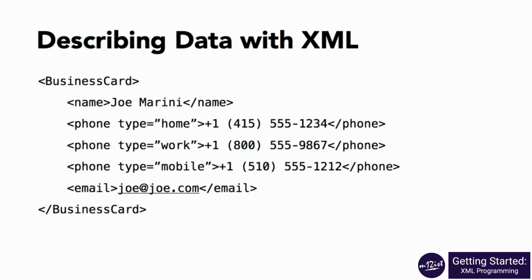Now, you might be looking at this and saying, wait a second, business card tag? Phone tag? I've never seen anything like this. And you're right. Now, if there was a business card XML tag set existing that I could use to solve this data problem, I could go ahead and use it.